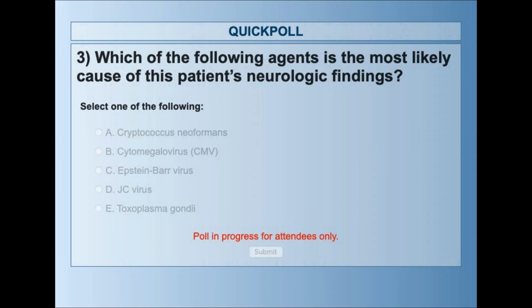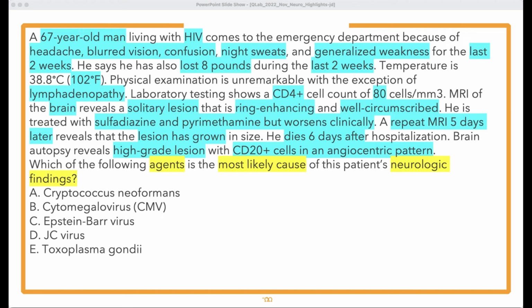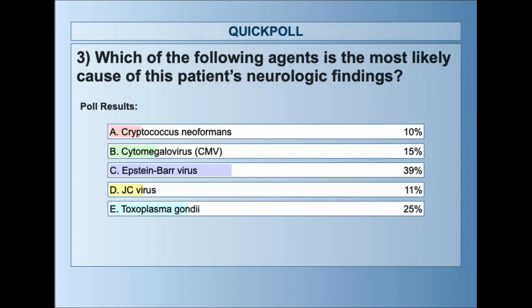So let's go ahead and close the poll. Good response so far, and we'll share the results. It looks like about 40% of you went with Epstein-Barr virus, and about a quarter of you went with Toxoplasma gondii. But all the answer choices here received double-digit votes. So it'll be interesting to see what the answer is for this one.